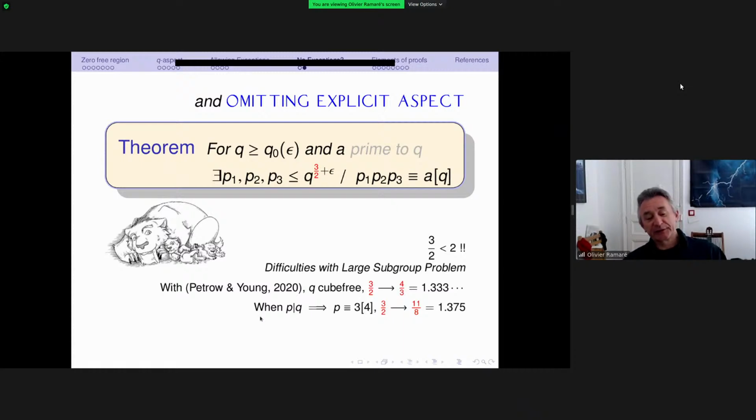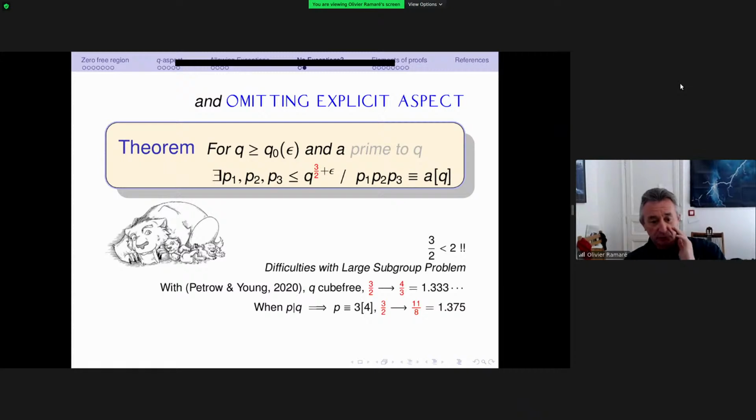And I mean, we have some other condition. If you assume that all the prime factors that divide Q are congruent to 3 mod 4, we can get 11/8. You see, we're getting close, but additional difficulties are showing their nose.